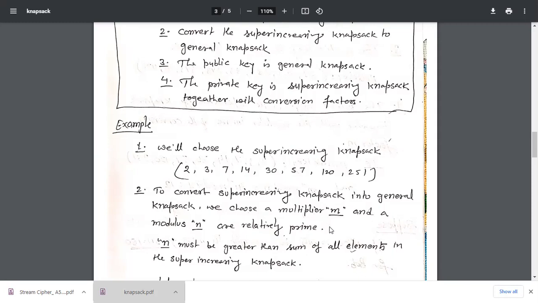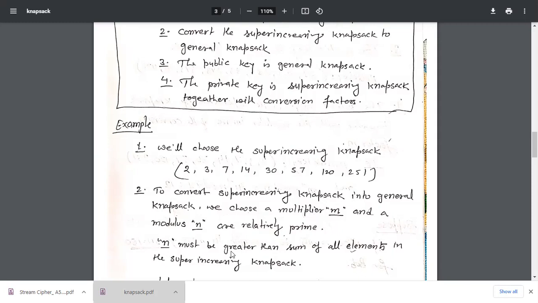If two numbers are relatively prime or co-prime, the GCD of those two numbers must be equal to 1. So here the GCD of m and n should be 1.